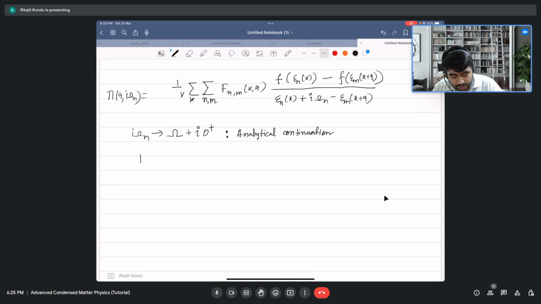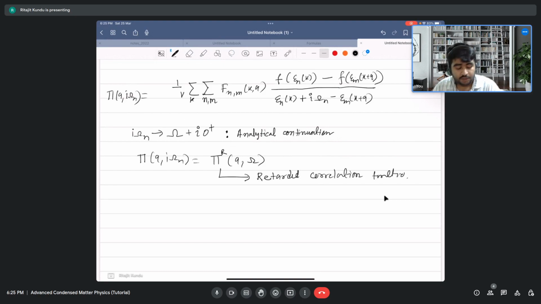Then if you do that, this Pi_q(i omega_n) is written as Pi_q(omega) with a suffix r, which means that this is actually retarded. You remember that we started out with retarded functions, which are what you have in real times. Retarded functions are when you have commutators and Heaviside theta functions, and those calculations are slightly complicated. But when you have this, the calculation becomes slightly simpler.